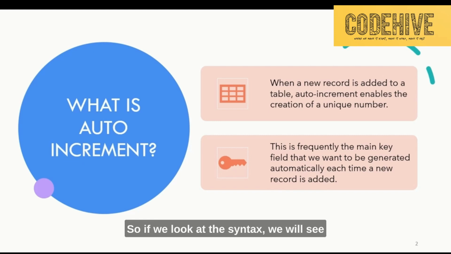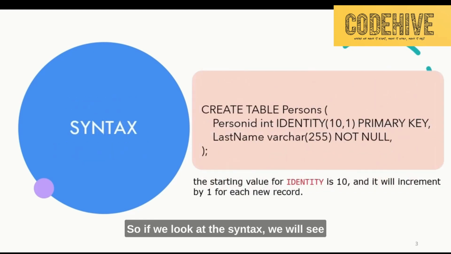If we look at the syntax, we have a table called persons. We have a column called person ID, which the data type is int. And then we have our identity keyword. You can see over there identity, and in your brackets, you can see that it first has the number 10 and a 1 also.